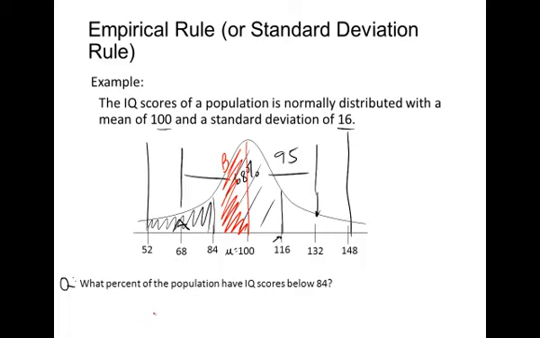Well, if you know that it's symmetric, then you know that 50% of all the values are less than the mean, and so if I'm trying to figure out from this point to the left, all of this area in section A, I would need to figure out what B is so that I can calculate it.